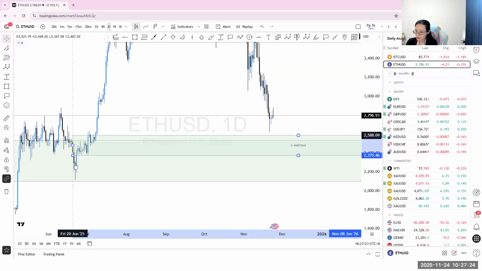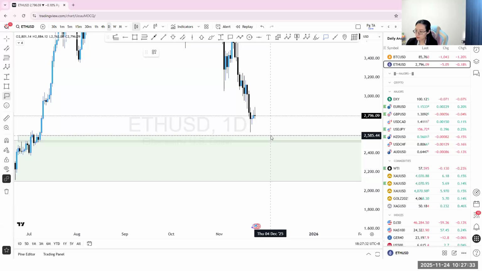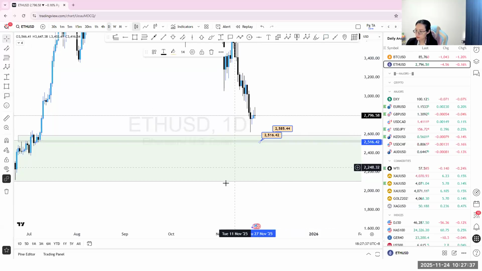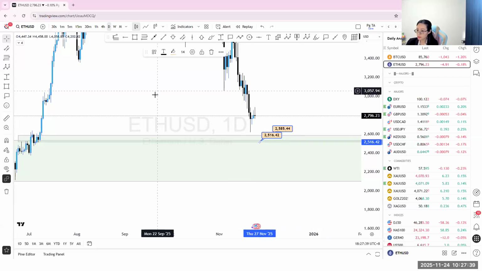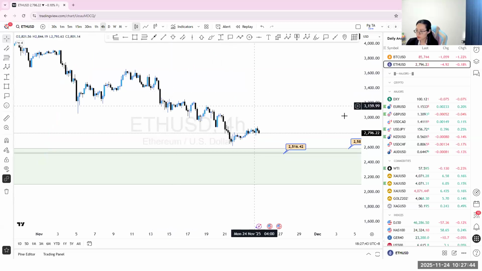Then here, still valid, this level. This one. Okay. Go to H4.